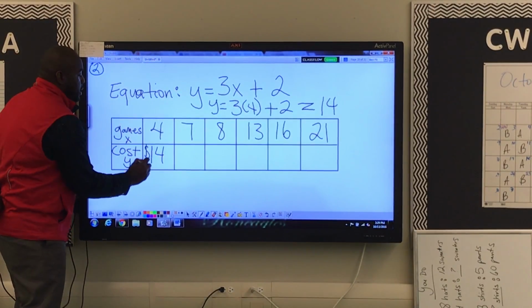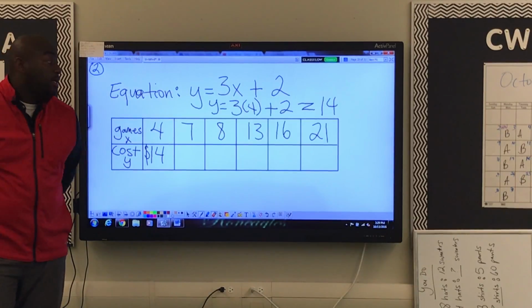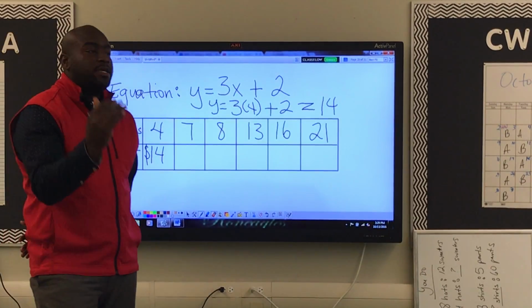Remember, we're talking about money. So we have to have a dollar sign. This is problem number 2. Fill the rest of the table out.